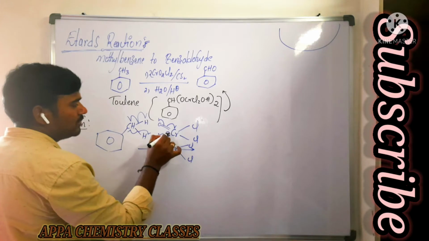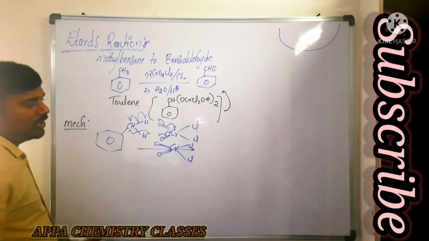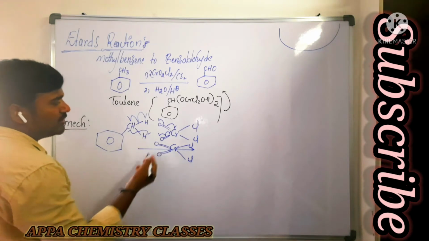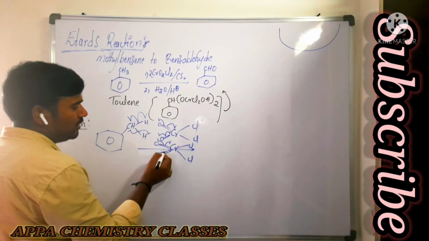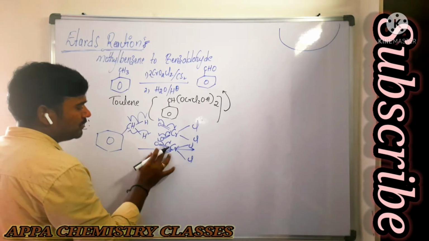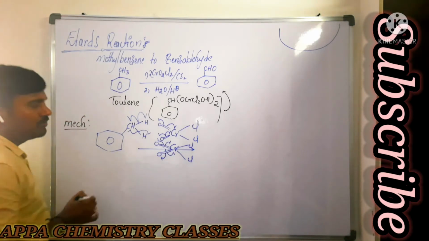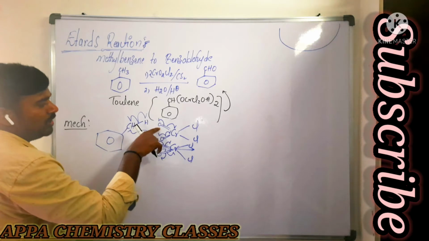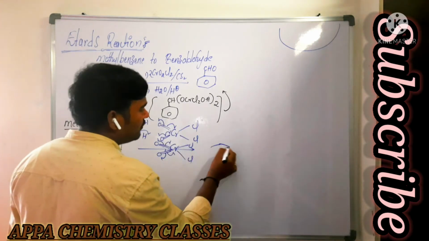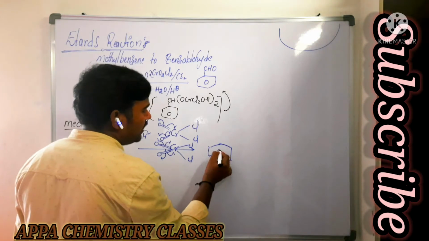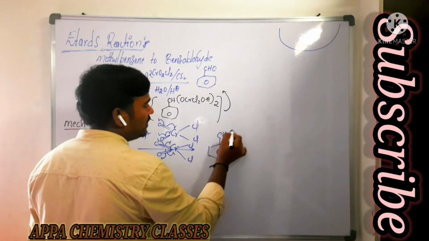These fish hook arrows represent homolytic cleavage. By this cleavage, the bonds break homolytically, and of the two hydrogens, one is bonded with this oxygen. The benzene ring is attached with a CH group.